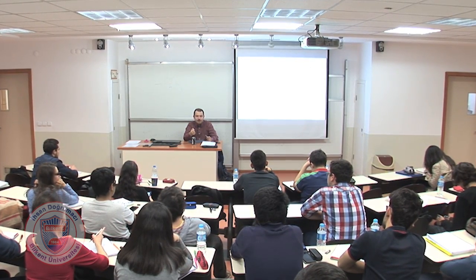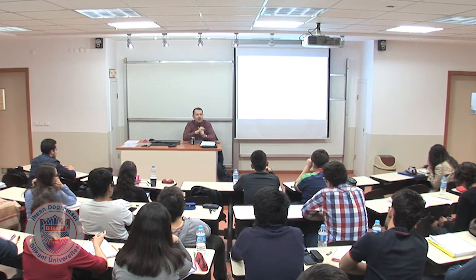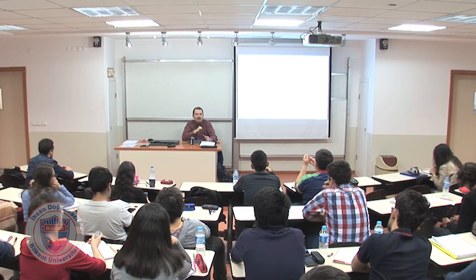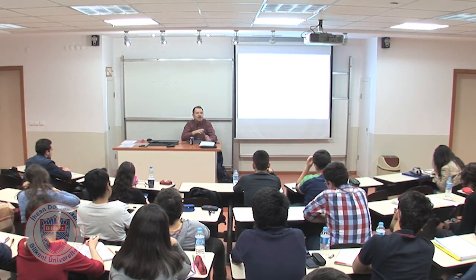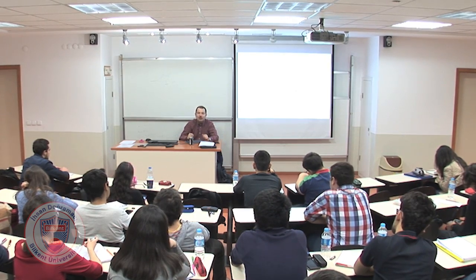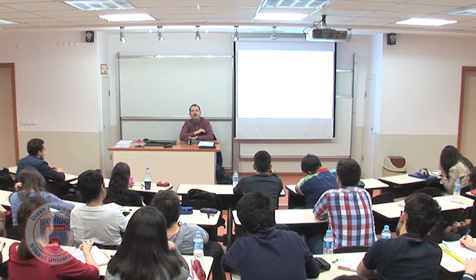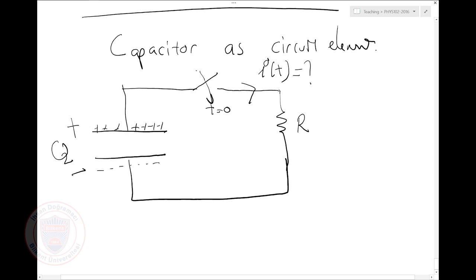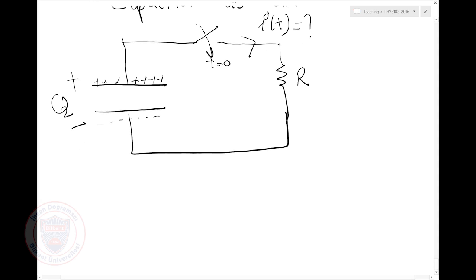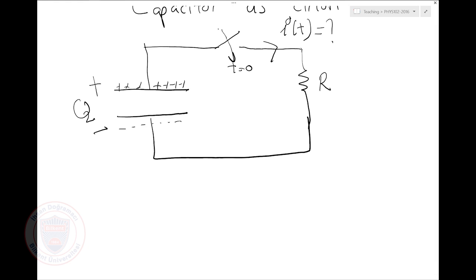So our aim, very quickly, is to find how this initial energy is turned into heat. What I would like to find out is what's the current here as a function of time. Right? And I'll do it. It's not too hard.